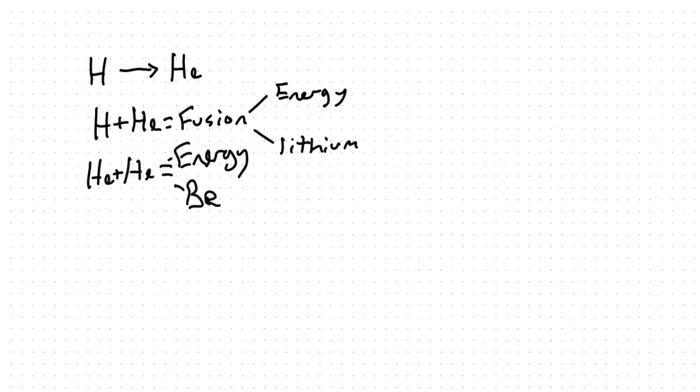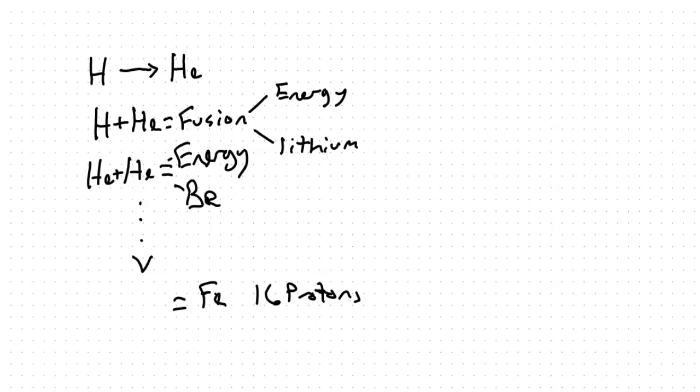So then this process just continues on and on until you get to iron. So a star can create all of the elements up to iron. Iron is, I think it's 16 protons. But after that, if you're aware of the periodic table a little bit, there are quite a few other elements.